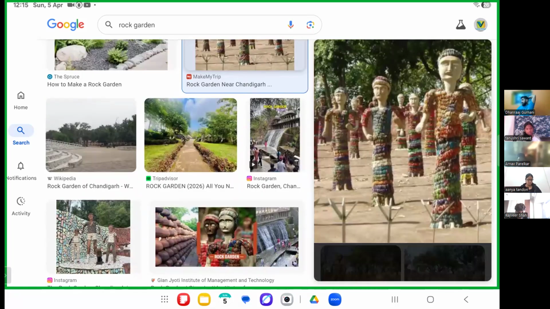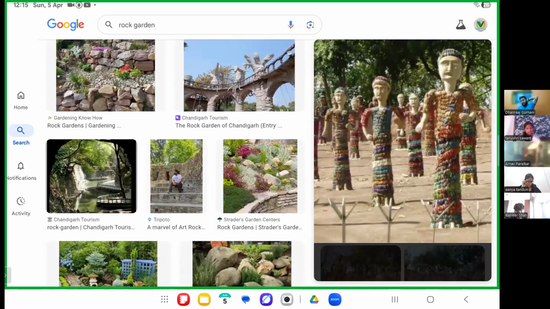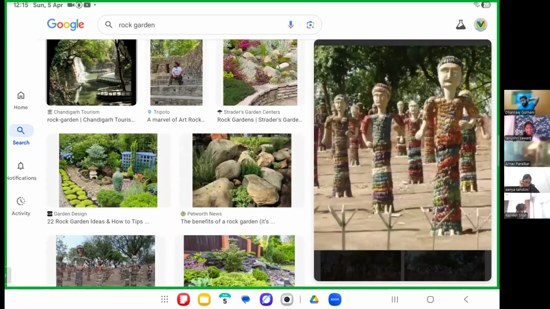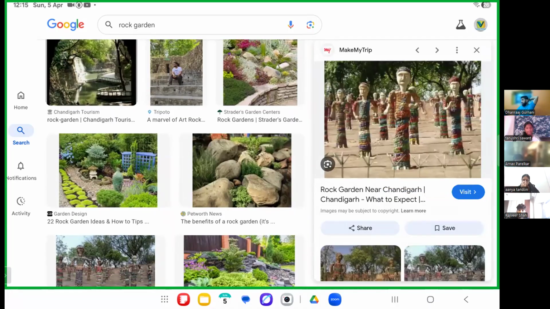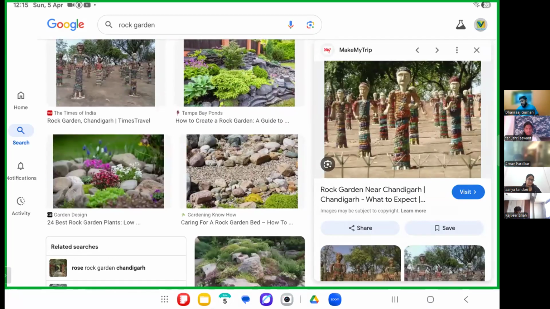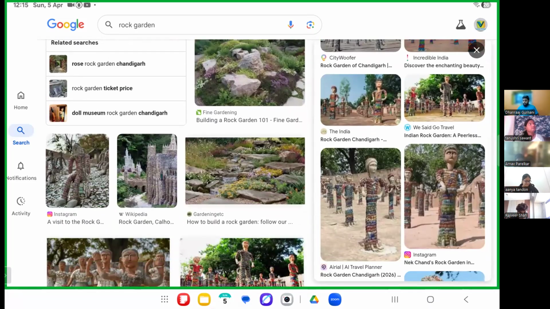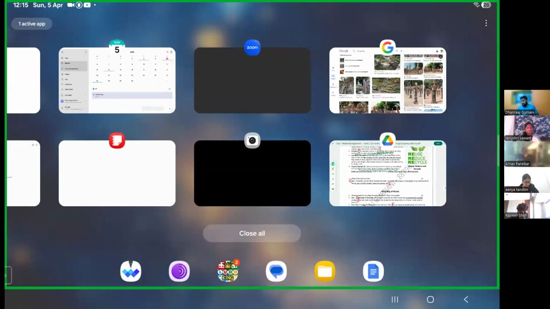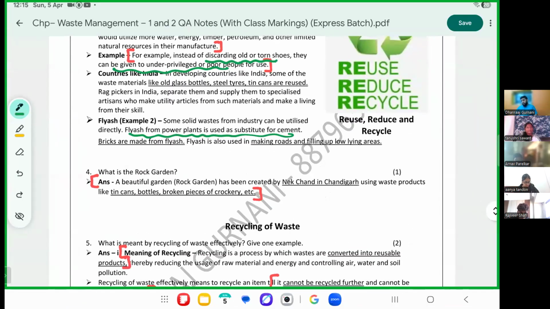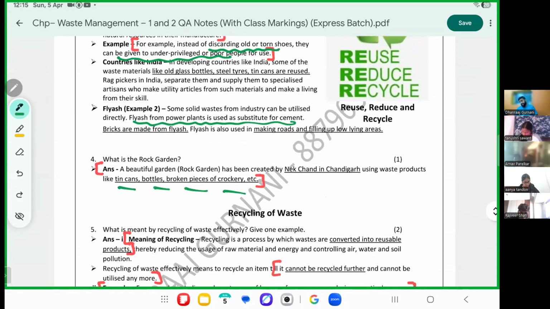All these parts of the garden, these walls, everything is made out of reuse only. It has been made out of tin cans, bottles, crockery, everything.